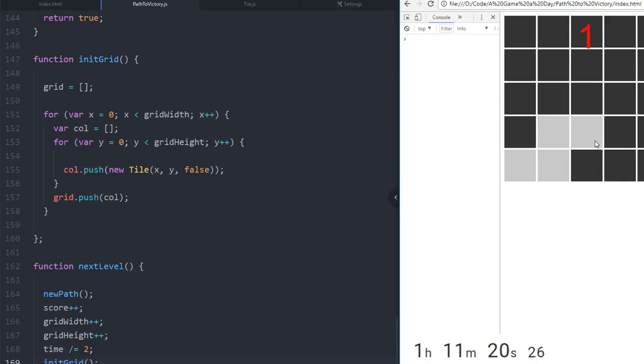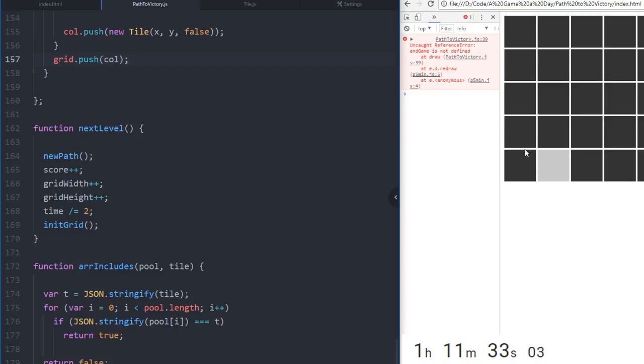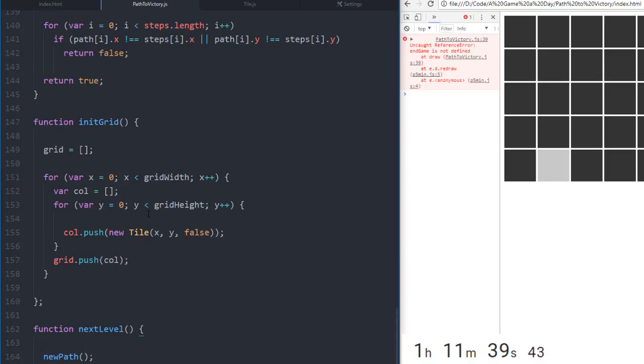Okay. There we go. Ah, I didn't mean to do that. Okay, that reminds me. I accidentally double clicked. Init grid, we're good.